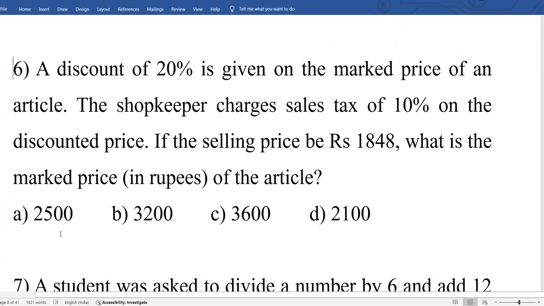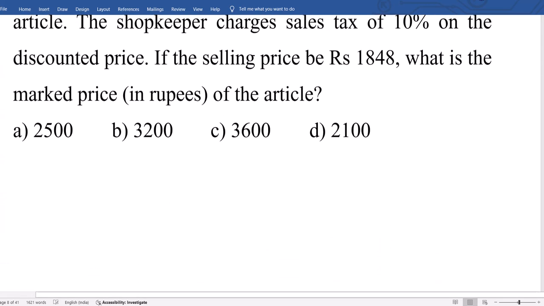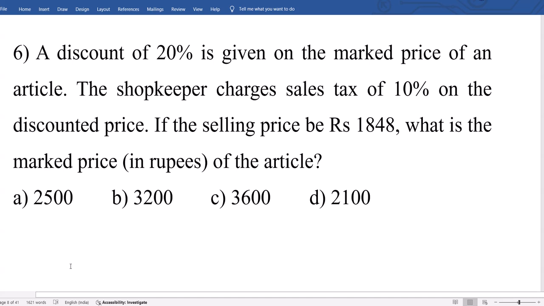Now this question, profit and loss. Go through this question. A discount of 20% is given on the marked price of an article. The shopkeeper charges sales tax of 10% on the discounted price. If the selling price is 1848, what is the marked price of the article?